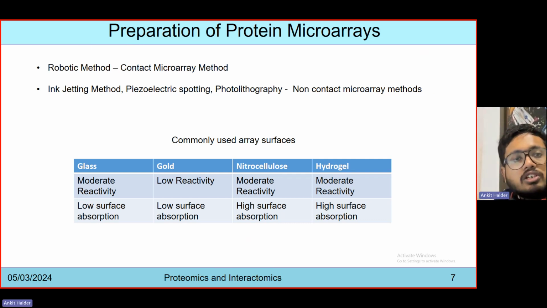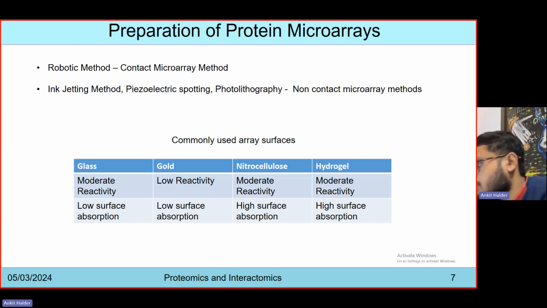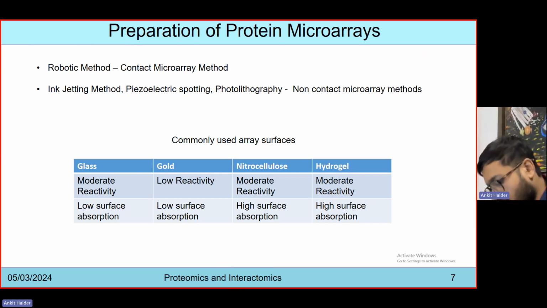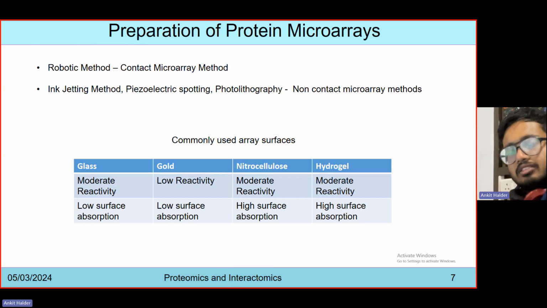So now moving on, which is the preparation of our protein microarray. So now we are trying to prepare these arrays, or the preparation of the protein microarrays, which we know to some extent.